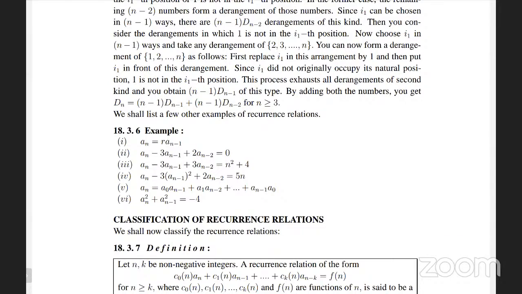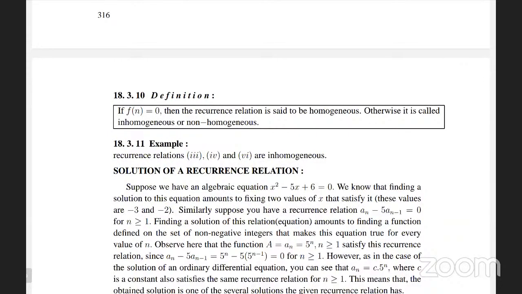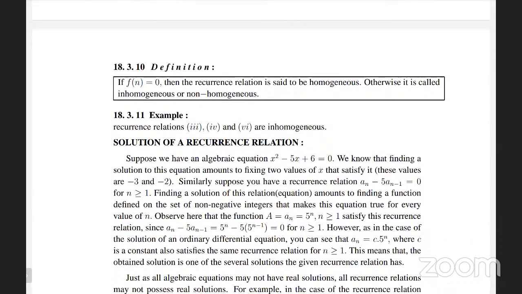If the right side is a constant or a function, it is called a non-homogeneous recurrence relation. So if f of n equal to 0, the right side term of the recurrence relation is zero and it is homogeneous. Otherwise, it is non-homogeneous. In all the remaining examples the right side term exists, therefore they are called non-homogeneous recurrence relations.